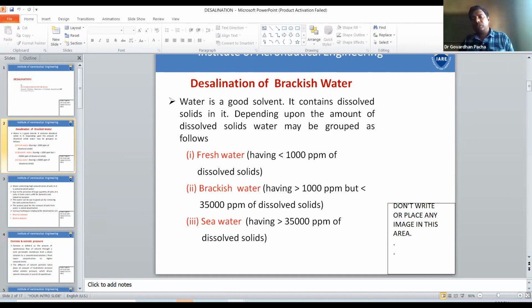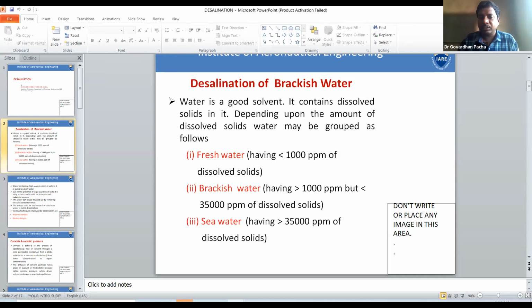So osmosis is defined as the process of spontaneous flow of the solvent through a semi-permeable membrane from a dilute solution to a concentrated solution.